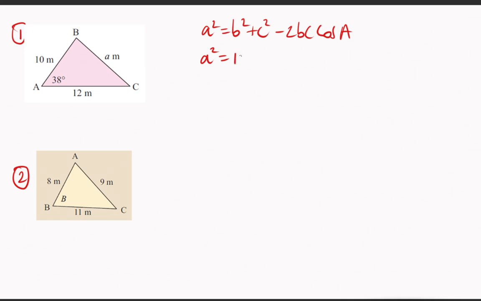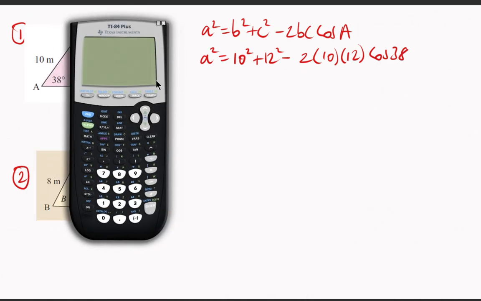So we'll let B be 10 then. So 10 squared plus 12 squared. So just replace the numbers. So we have that. Then all we need to do is work out what's on the right hand side. We just use a calculator for that.